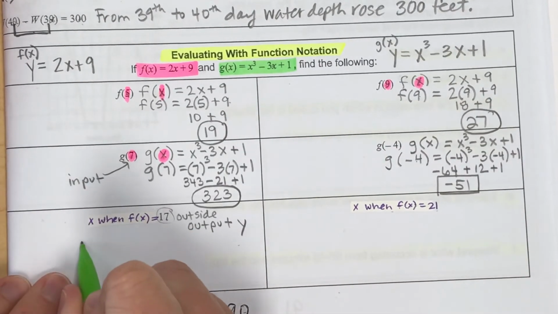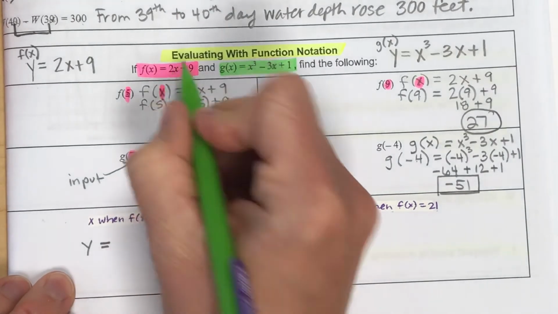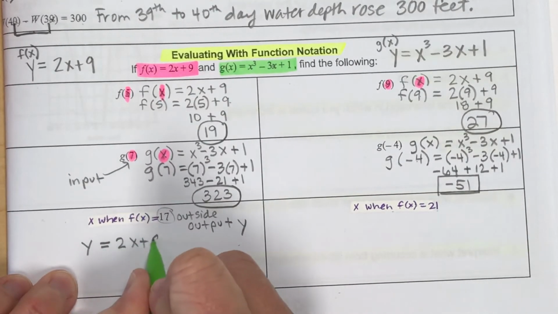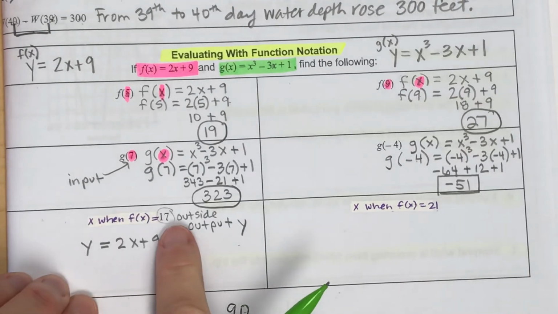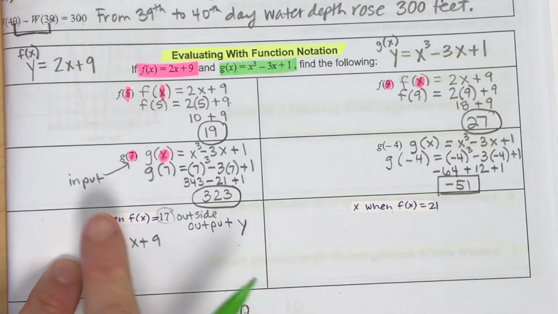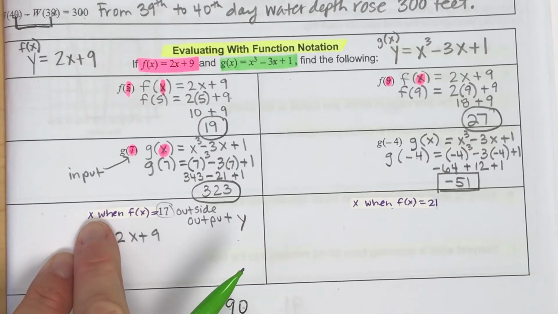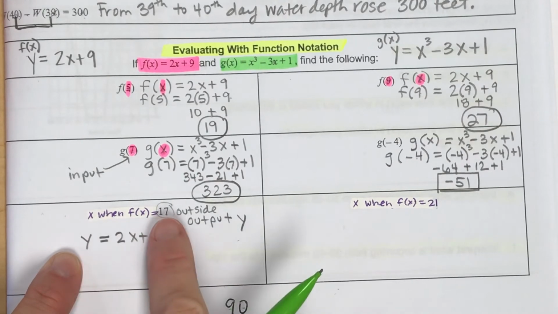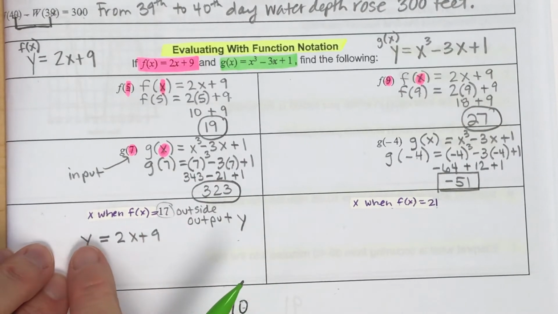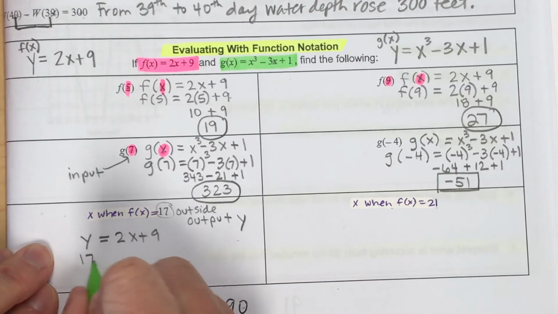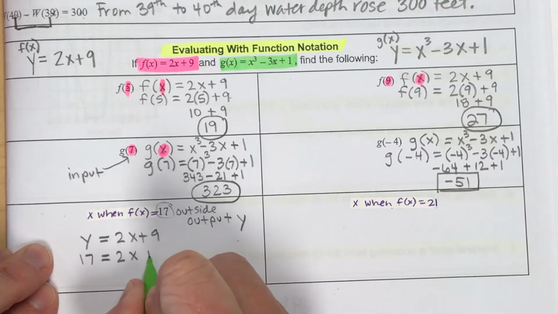So if my function is y is equal to 2x plus 9, that's my f function. If my output is 17, I'm going to find the x value. So solve for x when your output is 17. So in place of y, I'm going to put 17 equal to 2x plus 9.